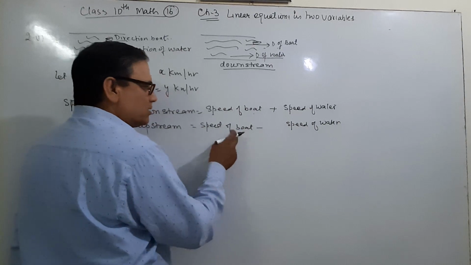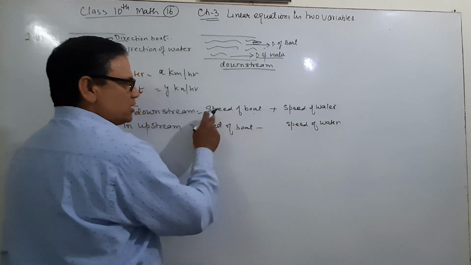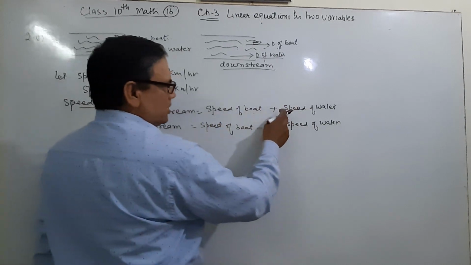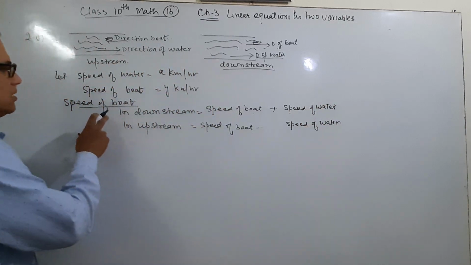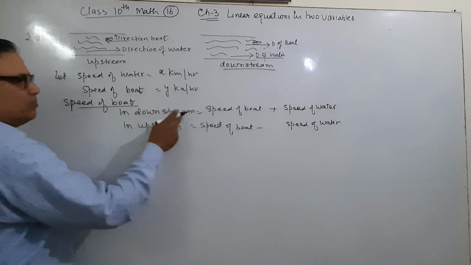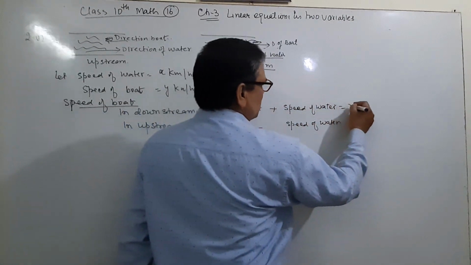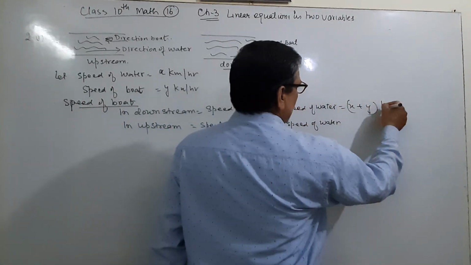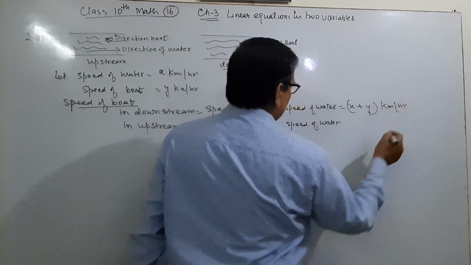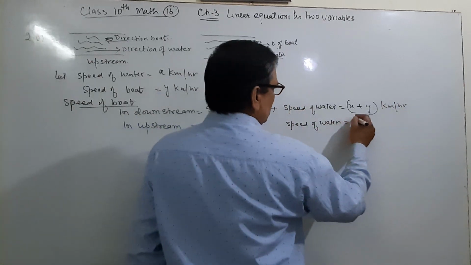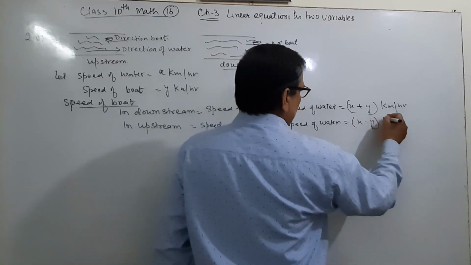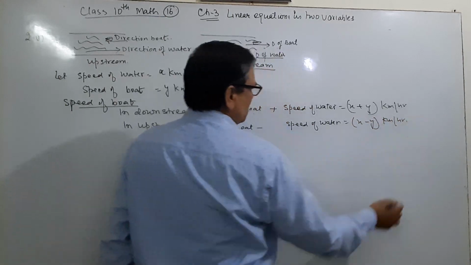Always we write the speed of boat first and the speed of water second. Then the speed of boat in downstream is x plus y kilometer per hour, and upstream, speed of boat minus speed of water, is x minus y kilometer per hour.